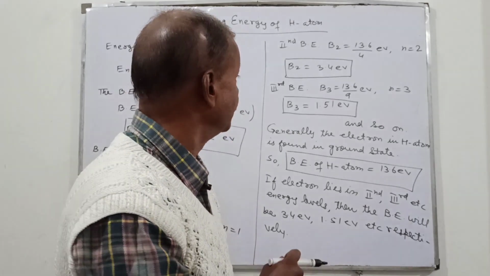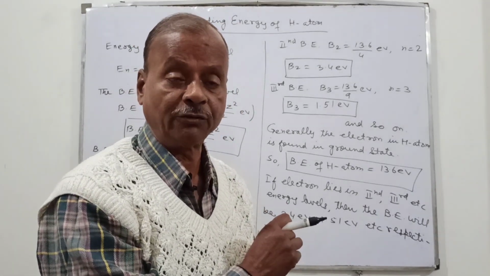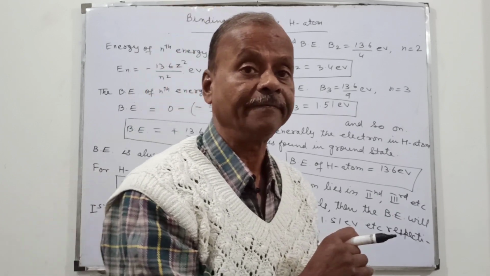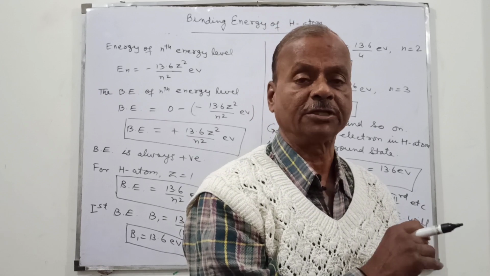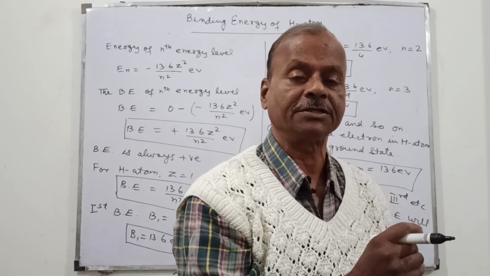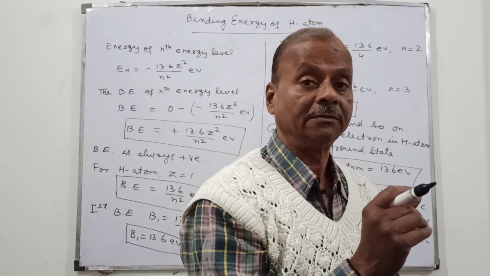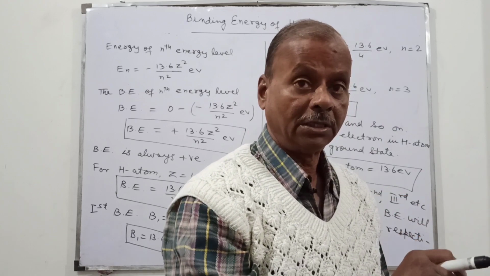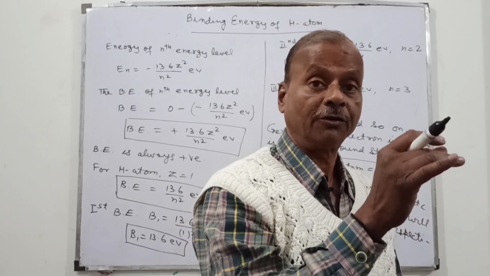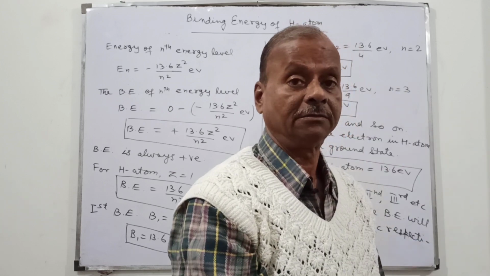Suppose in the case of the hydrogen atom, we have the electron in the ground state. But in the case of some other hydrogen-like atoms, suppose lithium, the last electron lies in the second energy state, so that will be the binding energy according to the second energy state.